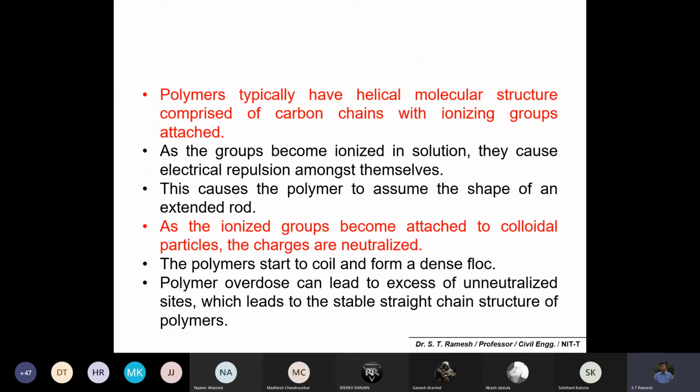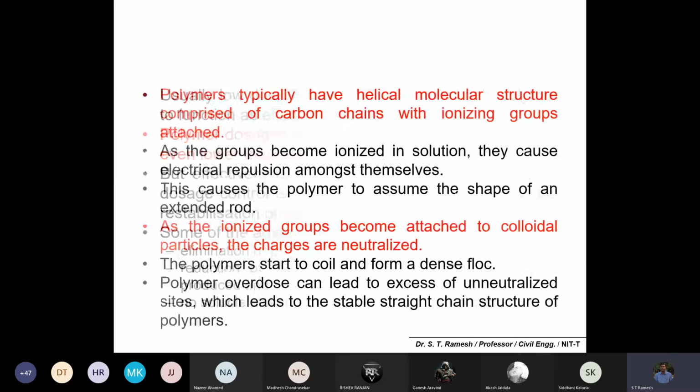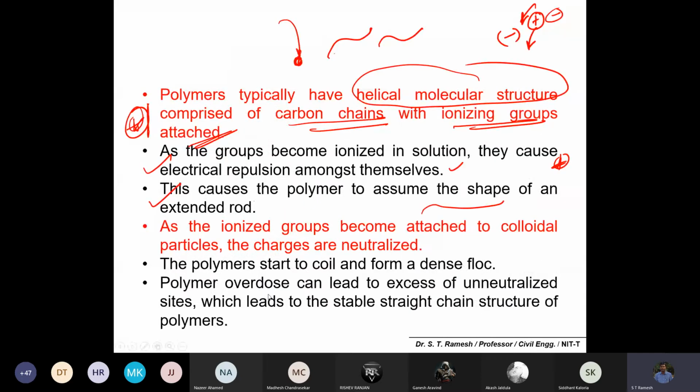We will come back later to how the polymers and particles react. So please remember, whenever you add the polymer inside the water, it will take a shape similar to an extended rod, and the chains will also repel each other.